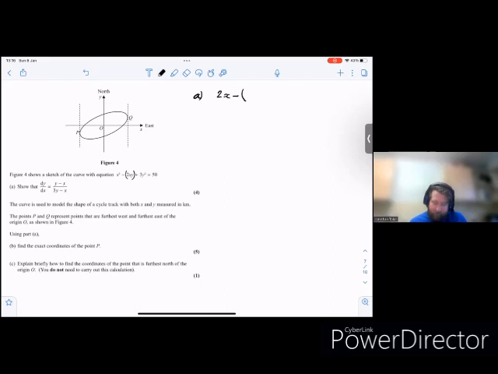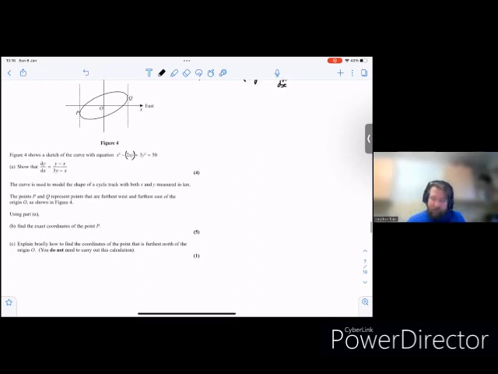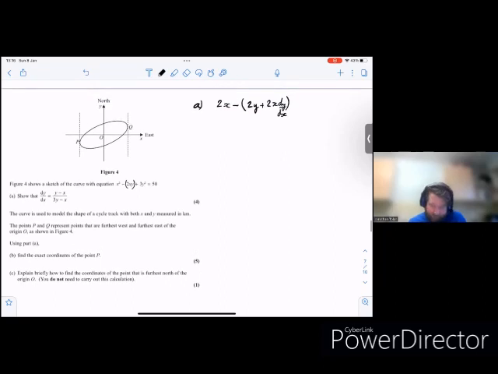So 2xy, so u dash for that is 2, v is y, and we add uv dash, so that'll be 2x dy by dx, and that's in brackets, so both terms need to be negative when we get rid of the brackets. 3y squared becomes 6y dy by dx, and the 50 just goes to 0.